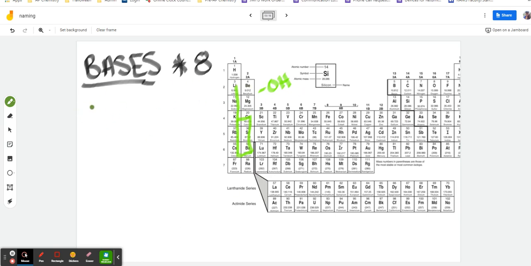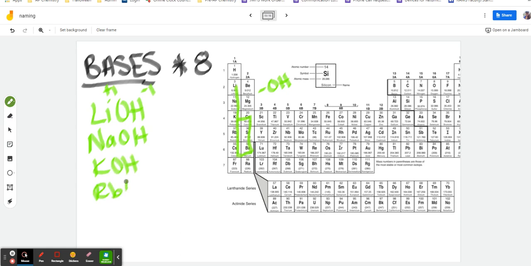So just to kind of remind you about crisscrossing your charges, that means that we have lithium hydroxide. This is a +1, -1, so no subscripts here. Same thing with everybody from group 1. So NaOH, KOH, RbOH, and CsOH. Okay, once we get to group 2, though, we have 3 in that little category. Now we're dealing with a calcium that has a +2.